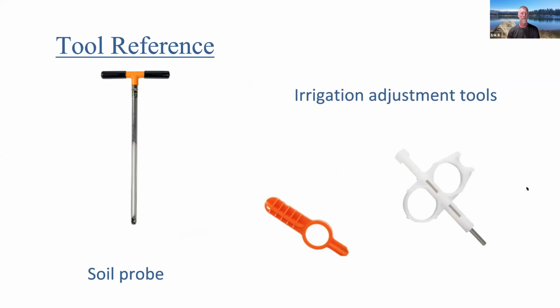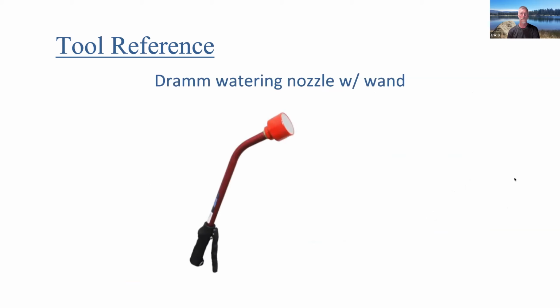It wears you out. Here's your soil probe. Remember we were talking about those. The one we have has a little pogo stick foot thing here. And these irrigation tools have little screwdrivers at the end and stuff. Okay, the dram watering nozzle is a nice way to apply nice even water.